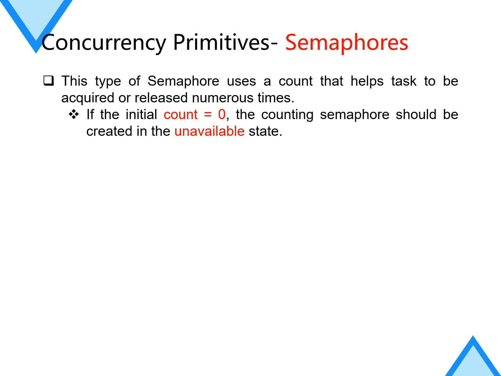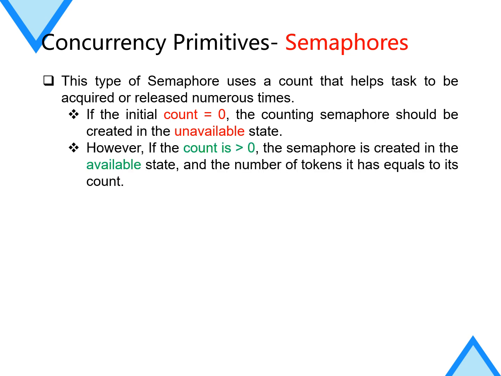If the initial count is 0, the counting semaphore should be created in the unavailable state, no resource is available. And if the count is greater than 0, whether it is 1, 2, 3, 4 or 5, it depends on the maximum limit of the shared resources.